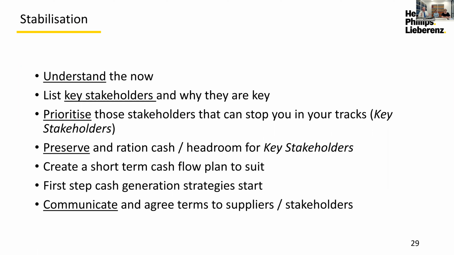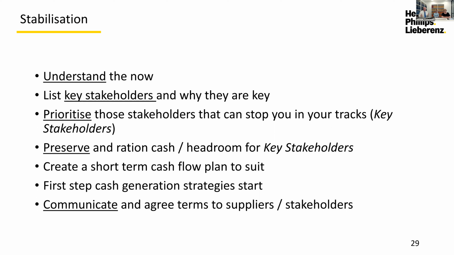And this is a ruthless thing I'm about to say to you, but when you look at your stakeholders, your counterparties that you have to deal with in your business, you're going to say, which of those people that I owe money to, which of those counterparties are absolutely critical to my organisation continuing on? They're the important ones you have to look after. There will probably be a subset of those stakeholders that if they ceased supplying you with Cokes for the canteen, they're not important because you can probably get Cokes from another supplier, using that as an example.